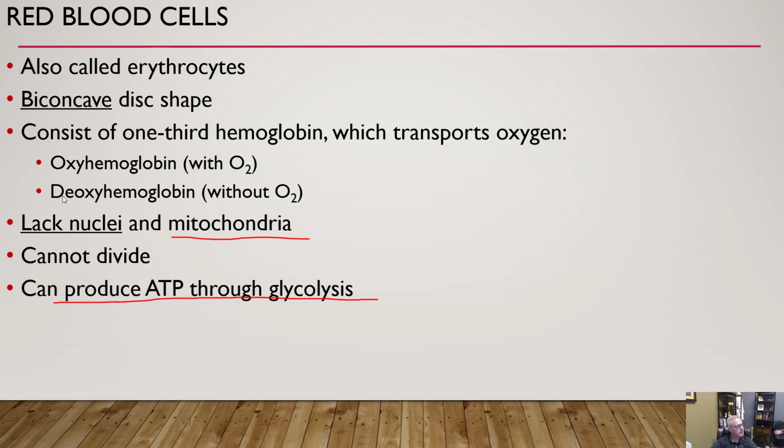So going back to here, this oxyhemoglobin and deoxyhemoglobin. If we have too much deoxyhemoglobin, so let's say that our blood concentration of deoxyhemoglobin is abnormally high.